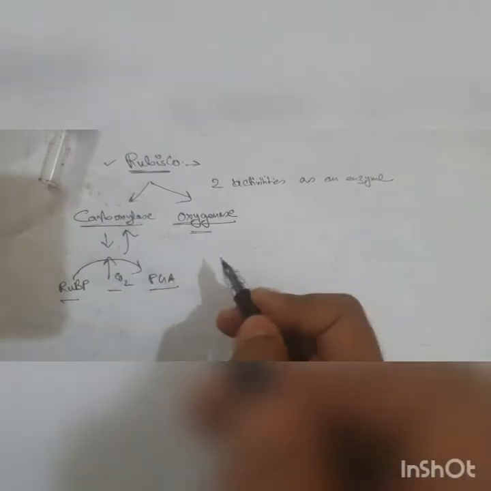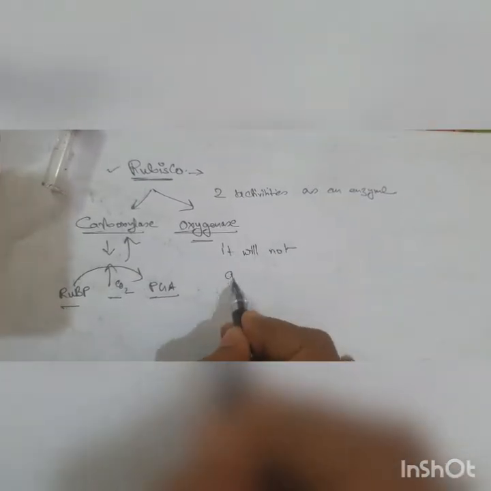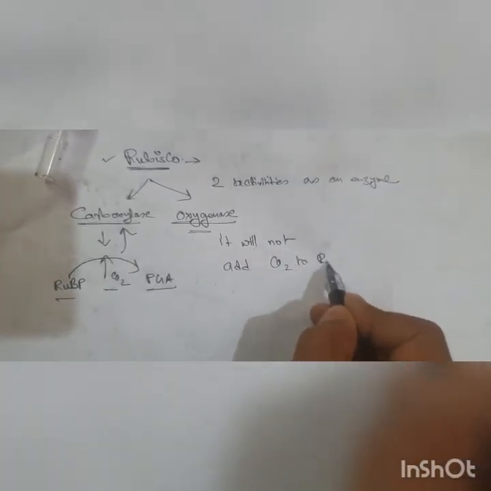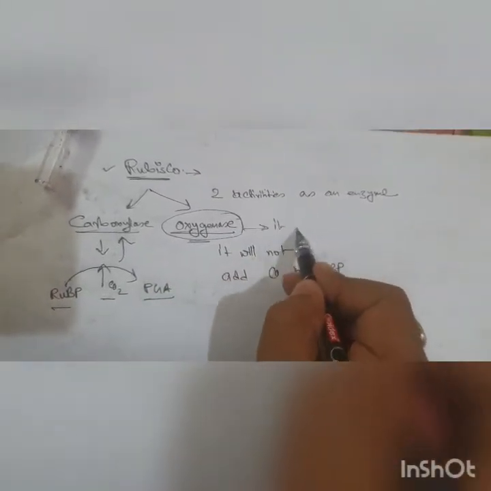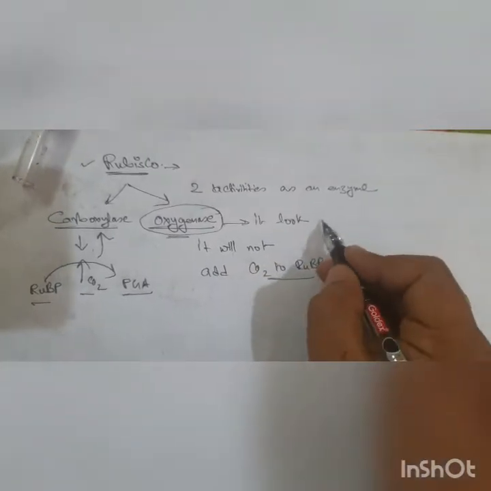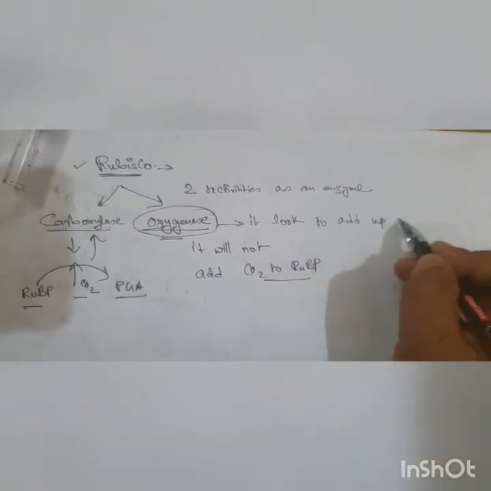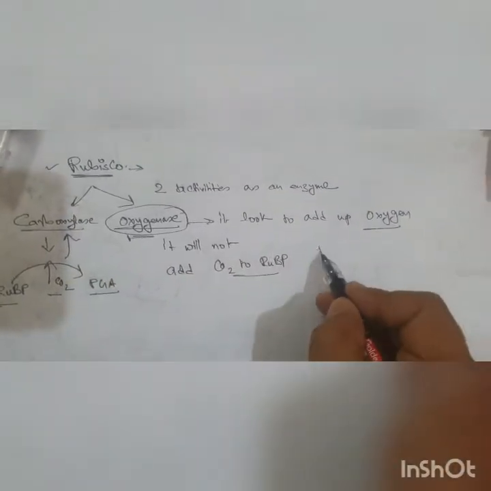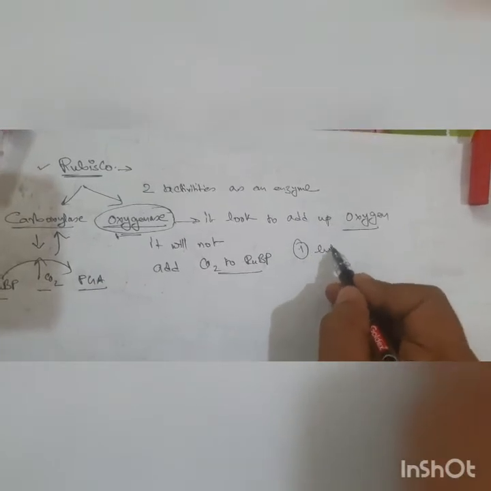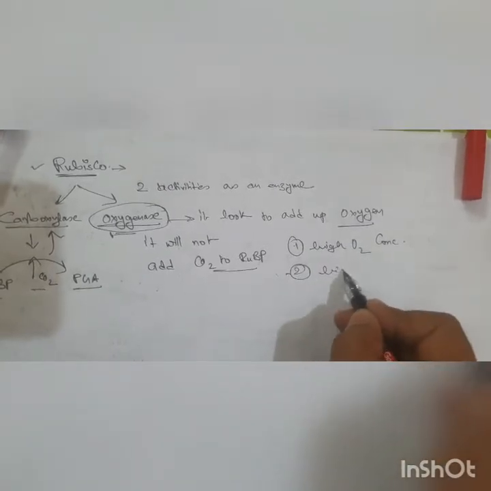But however, when it acts as oxygenase, it will not add CO2 to RuBP. When it acts as oxygenase, it will look to add up oxygen, and it acts as an oxygenase when there is number 1 condition, high oxygen concentration, and number 2, high temperature.